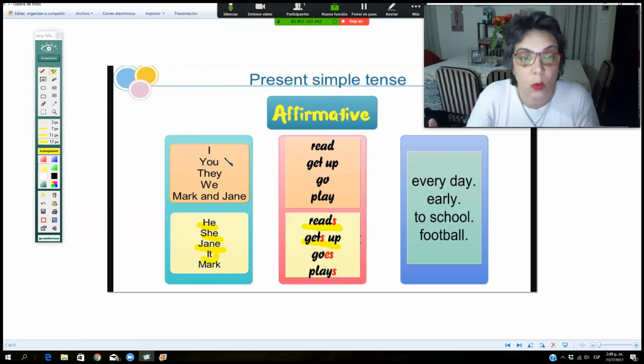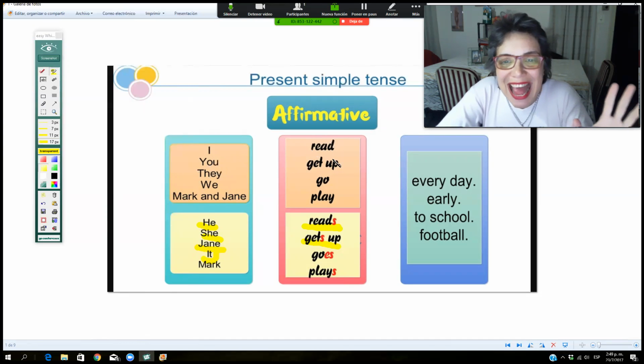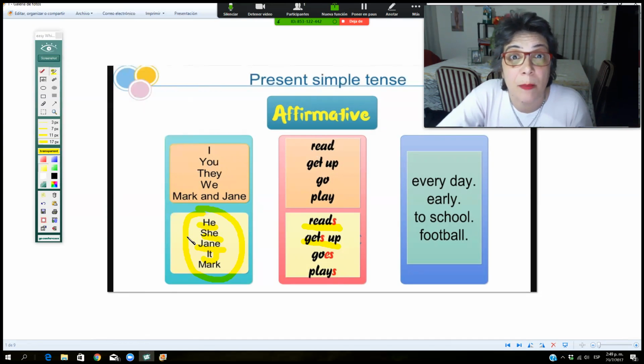When I say they, I can say Mark and Jane, Peter and Mary, etc. So with those pronouns we don't add anything to the verb. We only make that addition when we have these third person singular pronouns. And that is important at this stage.